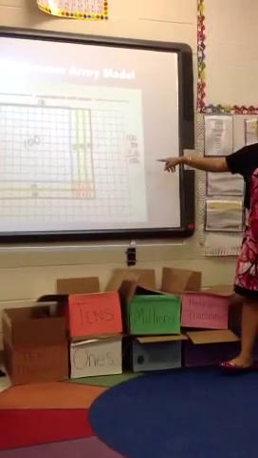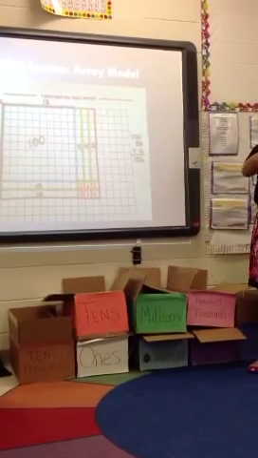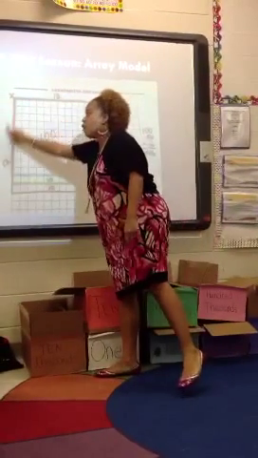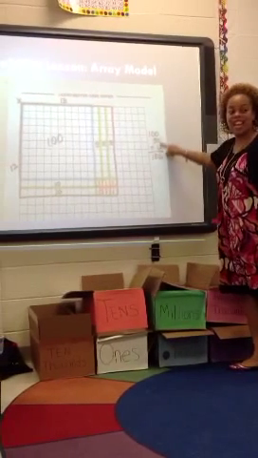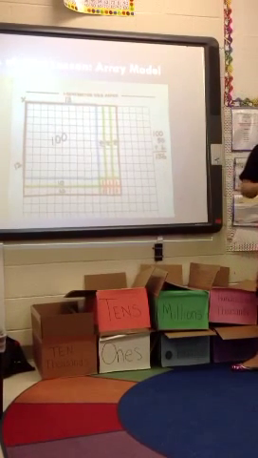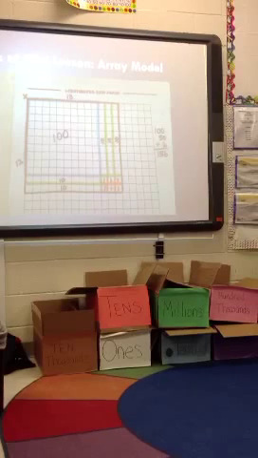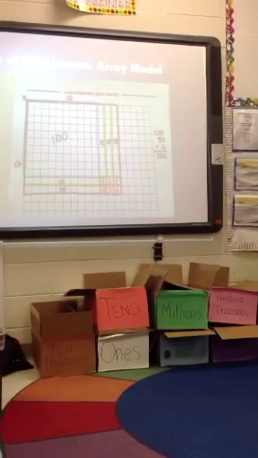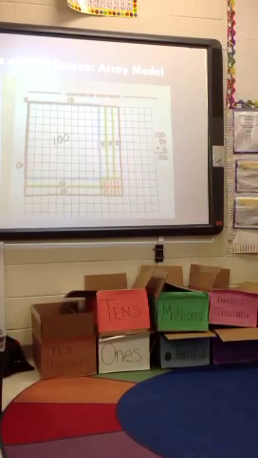156. Do you see the correlation or the similarities between how you're able to do an array model and how you're able to break it down over here? Yes. Very good. Let's count and see if our array model matches exactly what we have here. Do we have them in order? Yes.